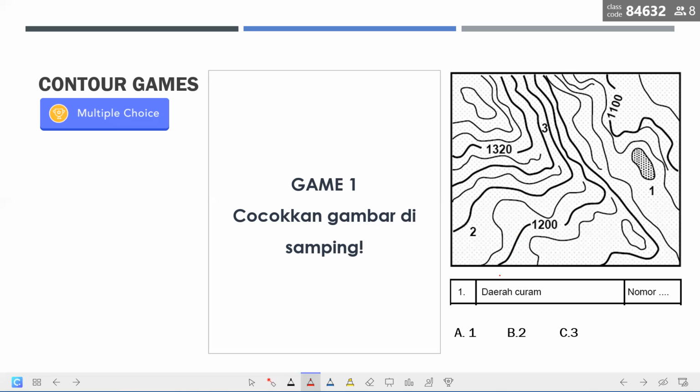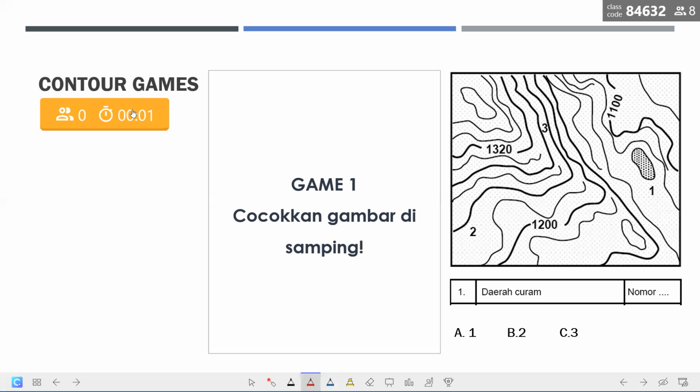Is it 1? Is it 2? Or is it number 3? I can receive responses. Once again, which is the steep area? 4 of you have responded.